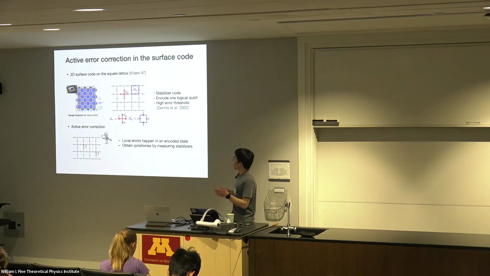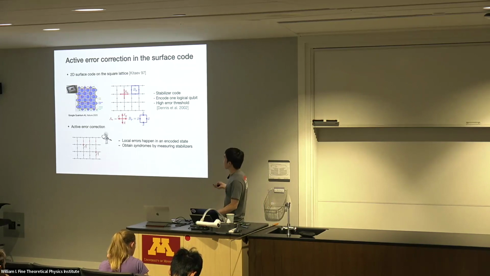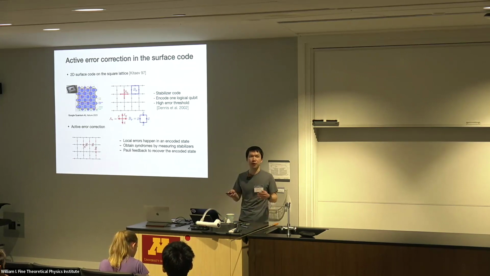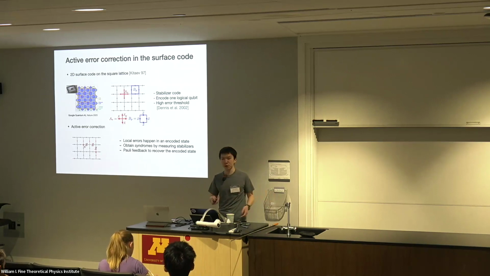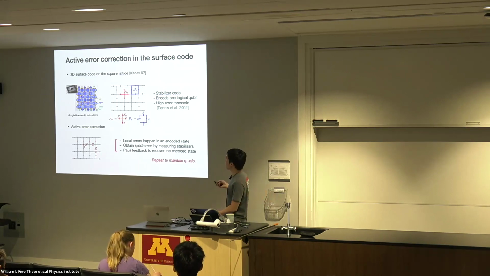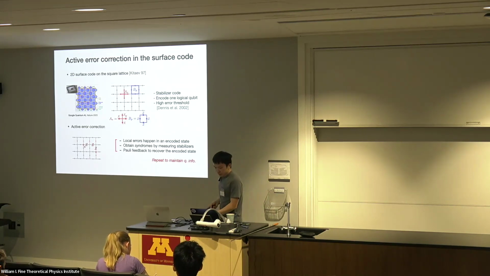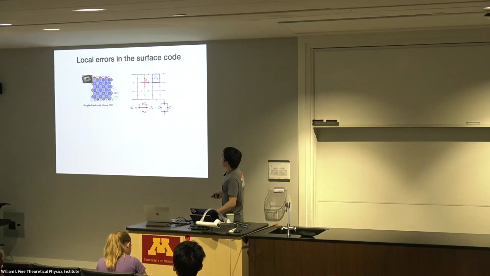The active error correction scheme starts by measuring the stabilizers in the system and observing the possible excitations created by the underlying error operators. Based on the syndrome information one collects, we can apply a recovery string to remove the syndrome, and hopefully go back to the code state and maintain the encoded quantum information. Realistically, we hope to run this repeatedly in order to maintain the information for a long time.